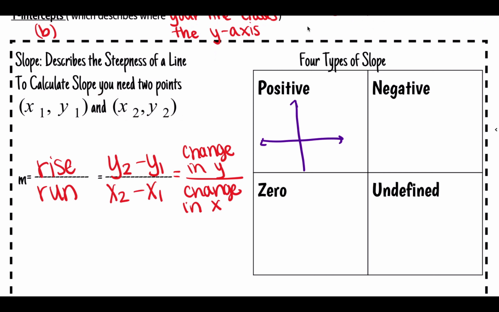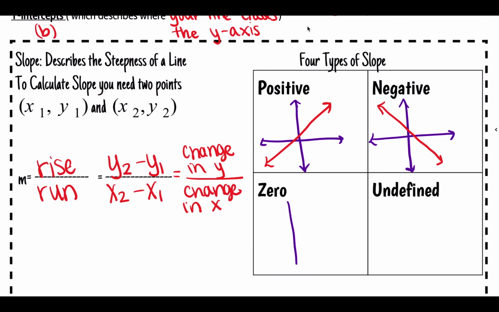So with your graphs, a positive slope is when your line increases as your x increases. So as x increases, y increases. It's going up. Negative is when your y values decrease. So your line will go down.